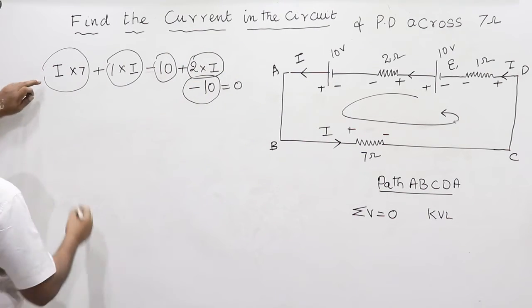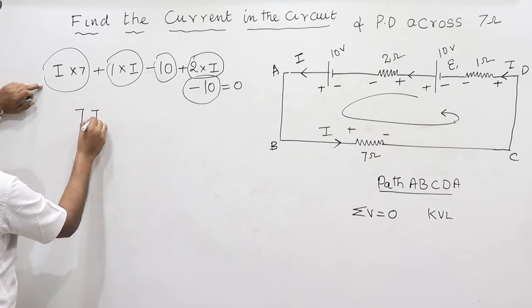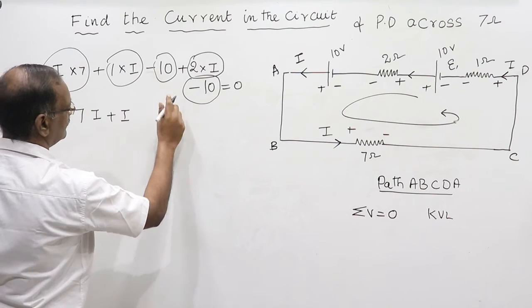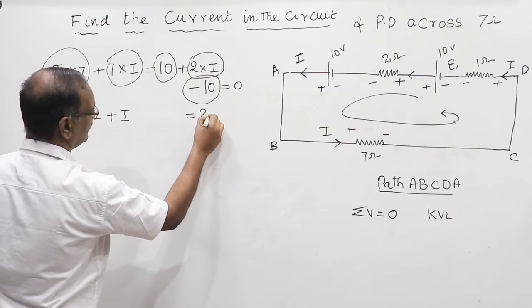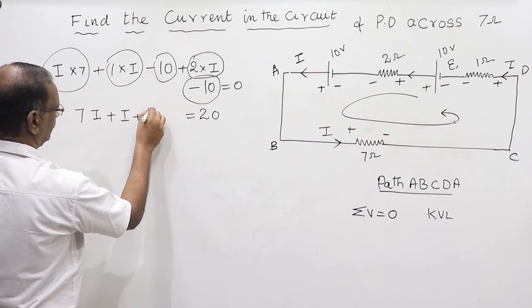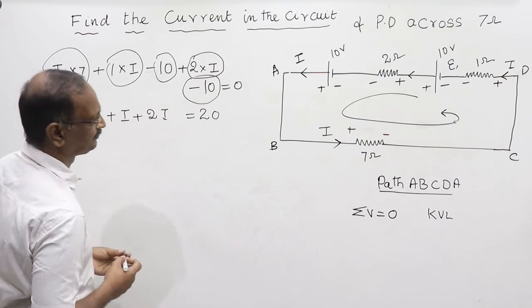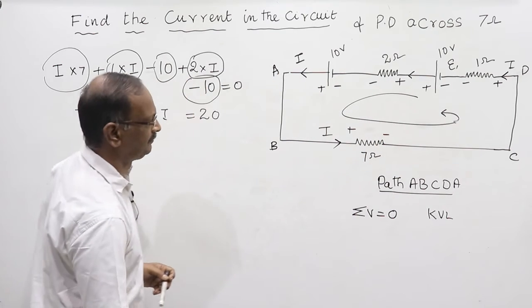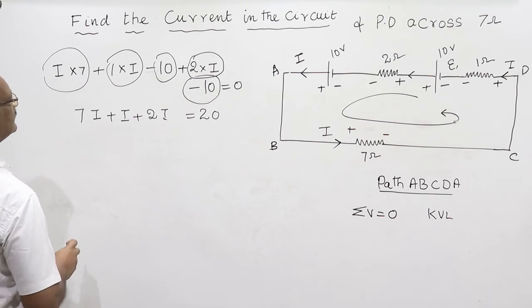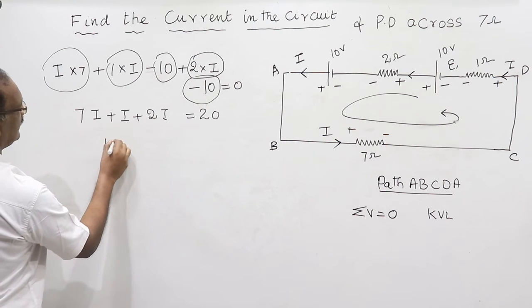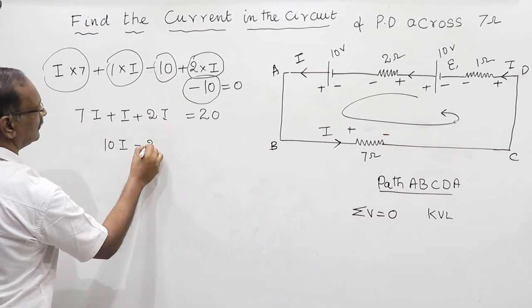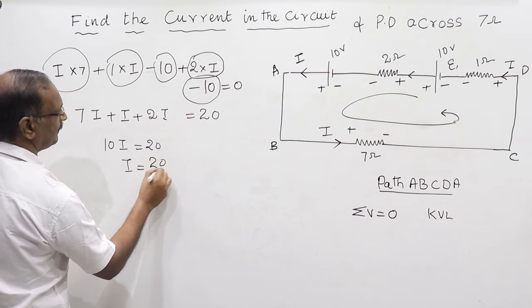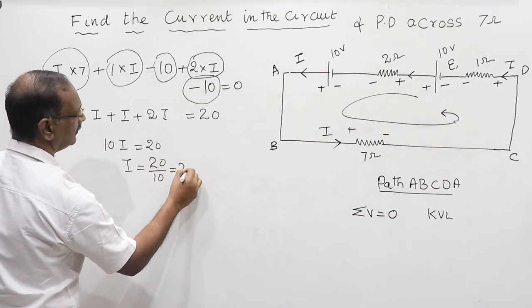That is 7I plus I minus 10 plus 2I minus 10 equals 0. 7 plus 1 plus 2 is 10, so 10I is equal to 20. The current flowing in the circuit is 20 by 10, equal to 2 ampere.